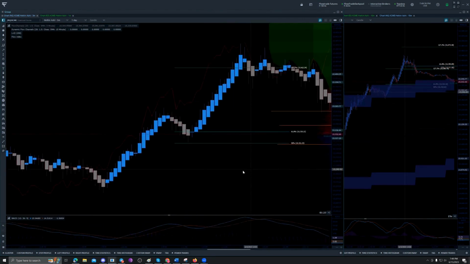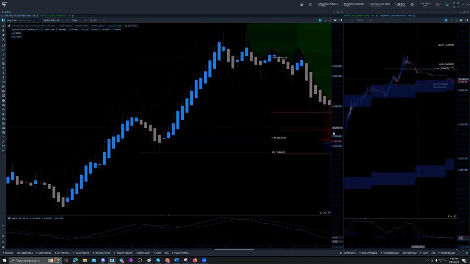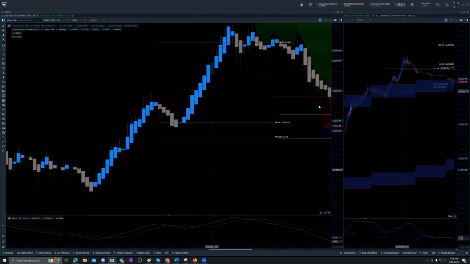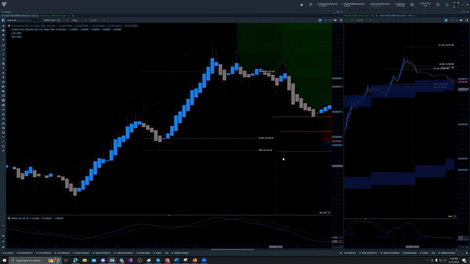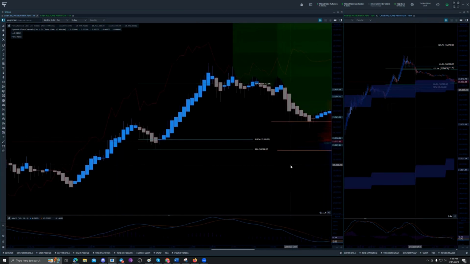So if it pushes under that 321 with a little bit of volume, I'm assuming that you're not getting an immediate push back up over that 50%. It's going to hold under that and keep building stronger lower. So then that would give us more confirmation to exit.